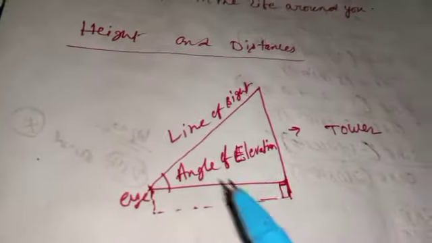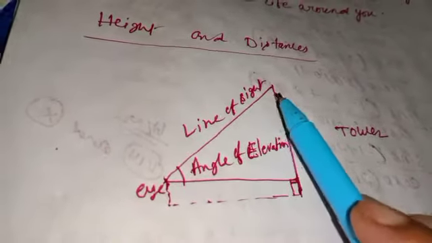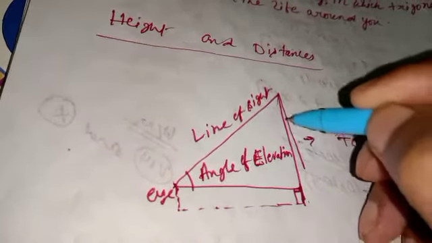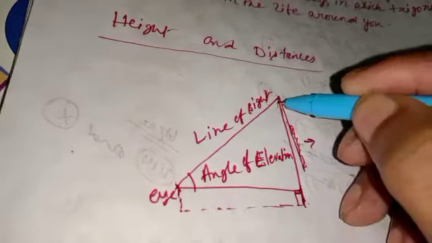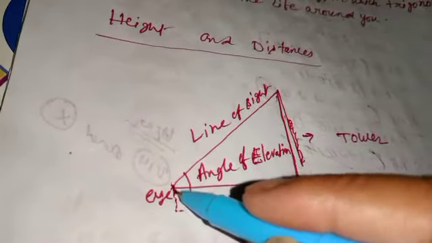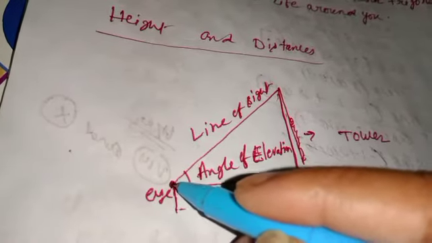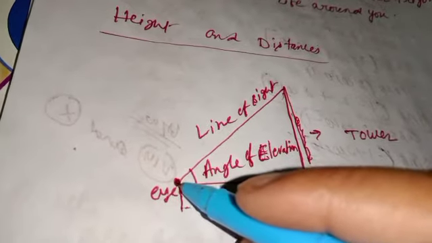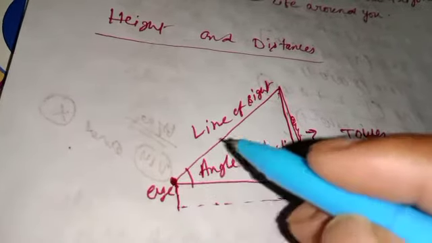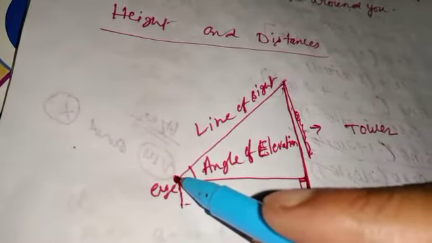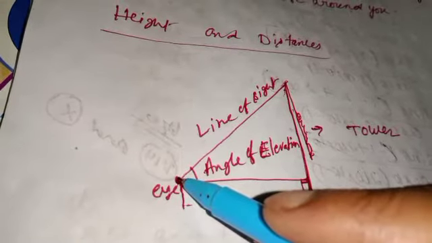See, this is a normal figure I have drawn here. Suppose this is a tower, and this is its height. Suppose this is your eye, means the eye of the observer. When you want to see an object which is on the top of this tower, you have to raise your head, yes or no?